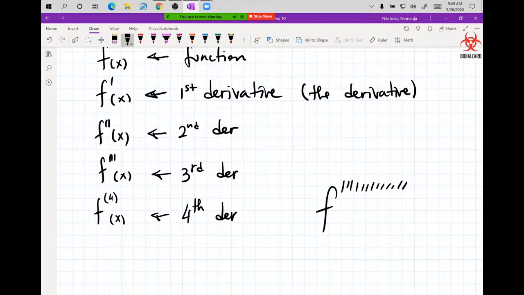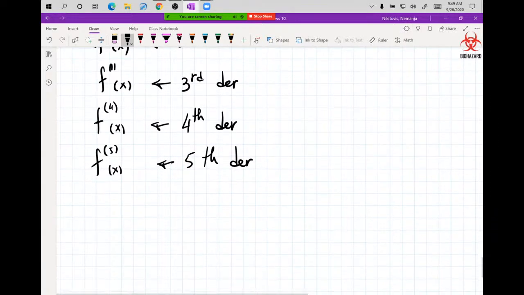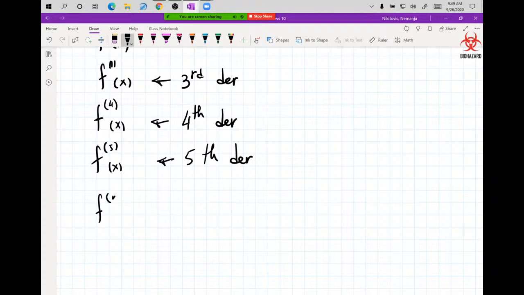And then you go, okay, 1, 2, 3, then someone sneezes, then you have to start counting again. So we change the notation into the order of the derivative to get to what we will call the nth derivative.